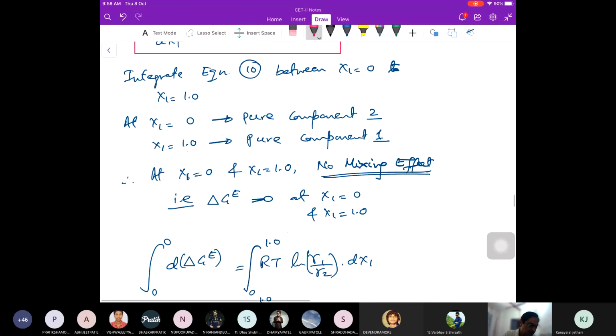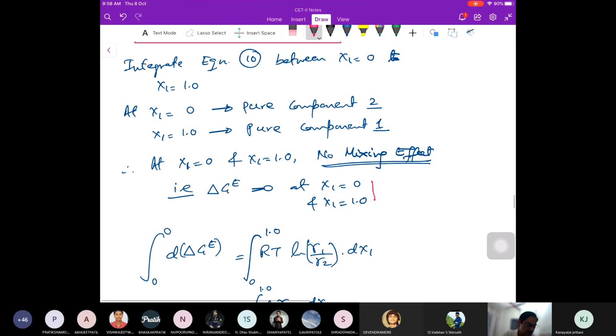If you integrate, you get the integral of d delta G with limits 0 and 0, because of this. On the right hand side, RT is constant, integral 0 to 1 of ln gamma 1 upon gamma 2 into dx1.